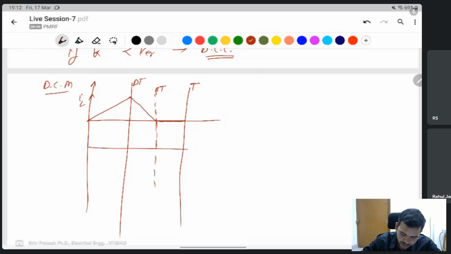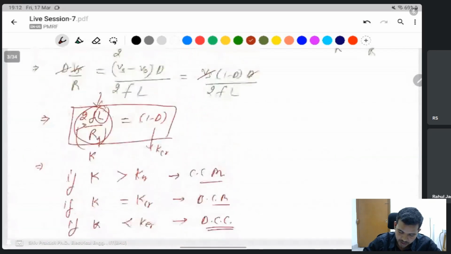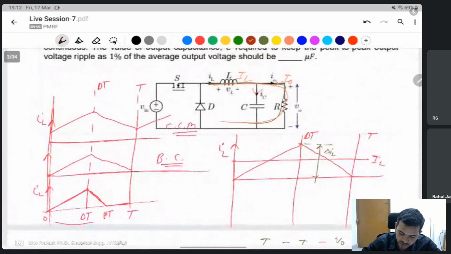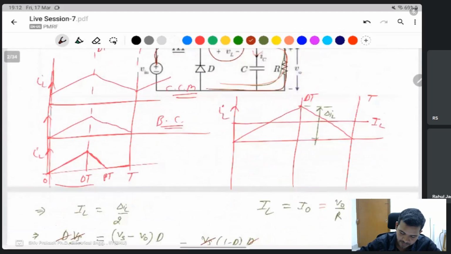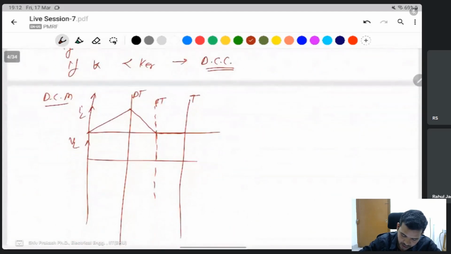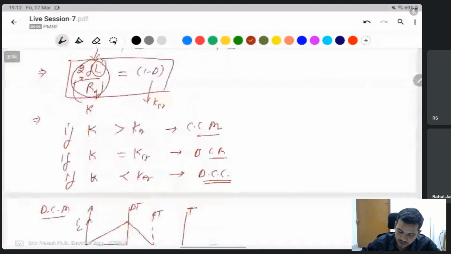In this time period, if you take VL, the inductor voltage, when the switch is on, then Vs minus V output appears on the inductor voltage. But when the switch is off, only minus of the output voltage appears on the inductor.